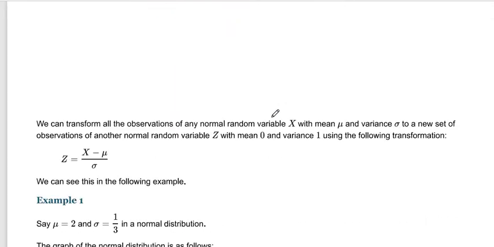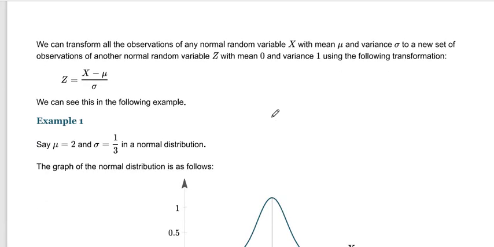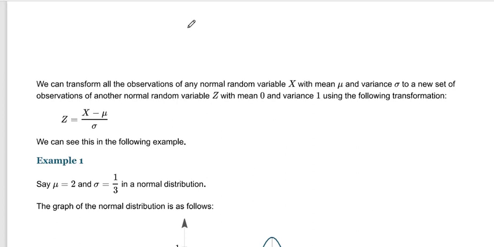Now we have to convert one graph into another. How can we convert a normal random variable to a standard normal variable? Say there are 5 random variables; we also have to convert them into the standard normal curve.